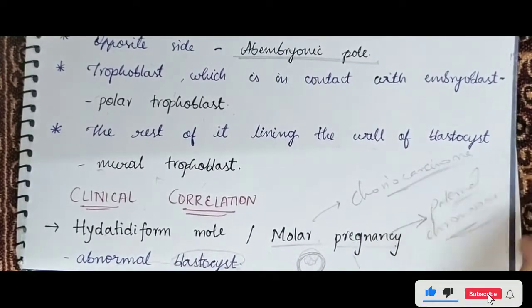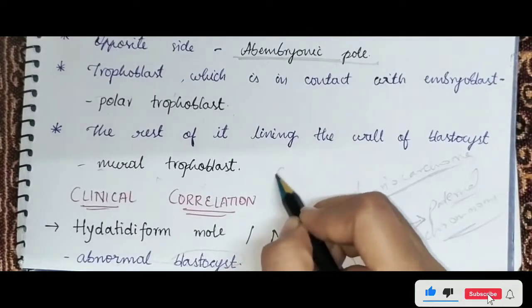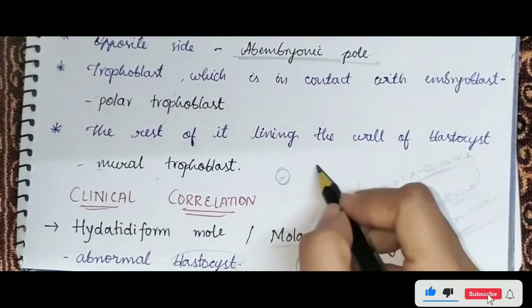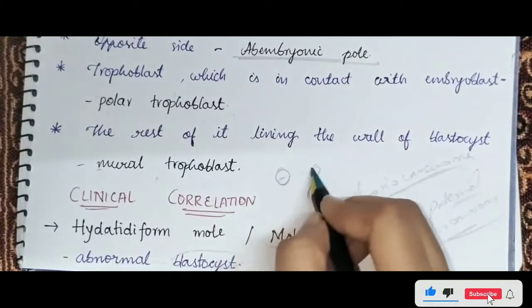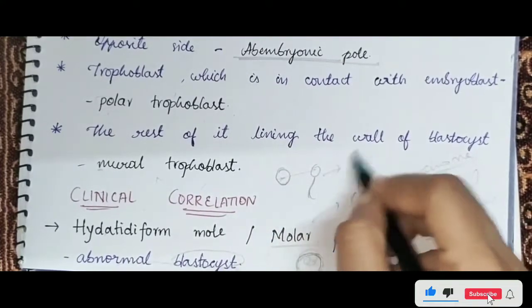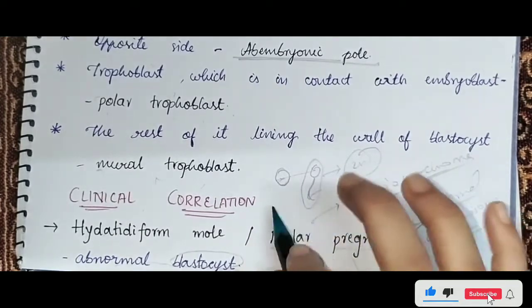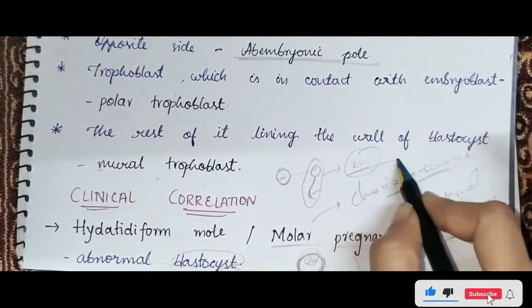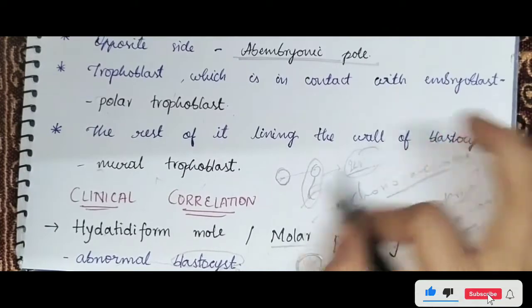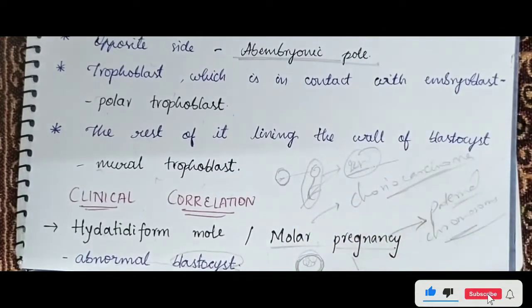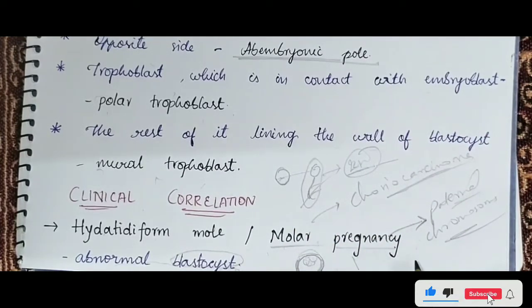Here is an ovum with no nucleus, and this is a sperm. These two fuse, and a diploid zygote is formed with the duplication of the paternal chromosomes itself. So the complete genetic material of the resulting baby is paternal, right? As a result of this fertilization, the paternal genes regulate the development of the trophoblast.